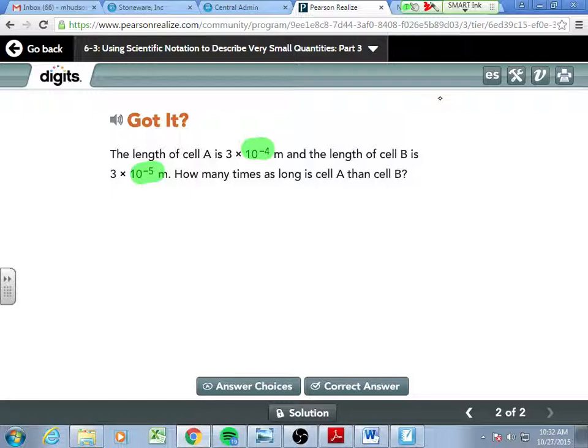I want to make it go to 10 to the negative 5th. So to make the power decrease, I move the decimal right. So this would really be 30 times 10 to the negative 5th. My powers now match, and I see 30 compared to 3 is 10 times as large.